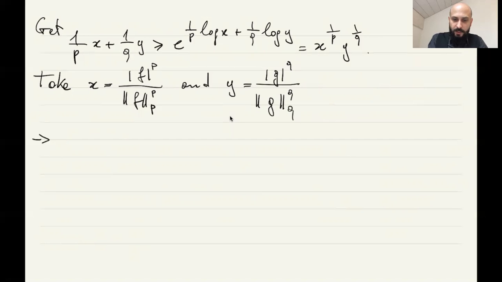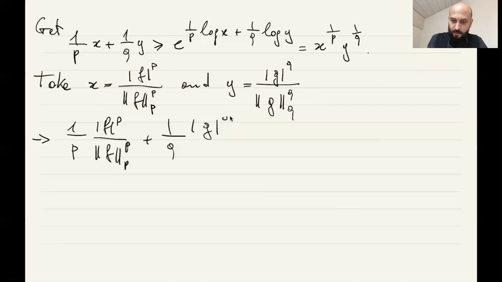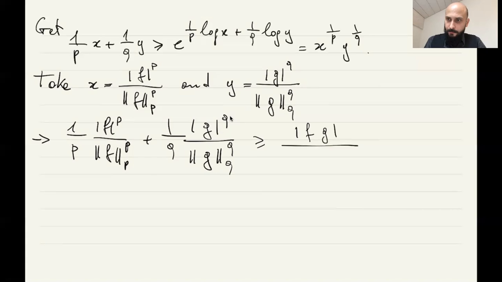And we put it inside, what we get is 1 over p times the absolute value of f to the p divided by the norm to the power p of f, plus 1 over q times the absolute value of g to the q divided by the q-th power of the q norm of g. This is greater or equal to the absolute value of fg divided by the p norm of f times the q norm of g, right? Because these exponents kill these exponents.